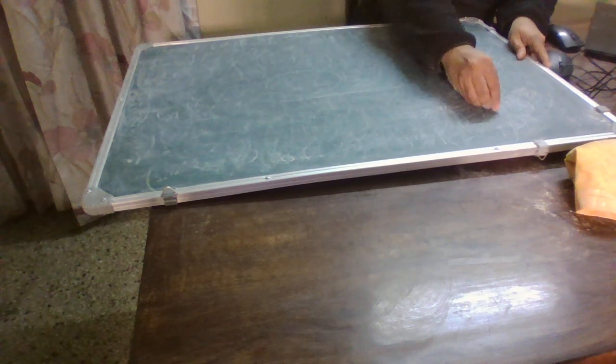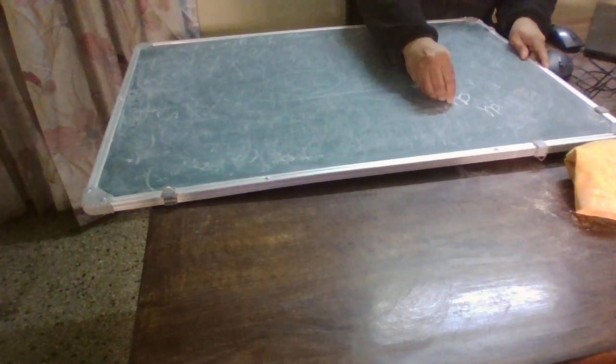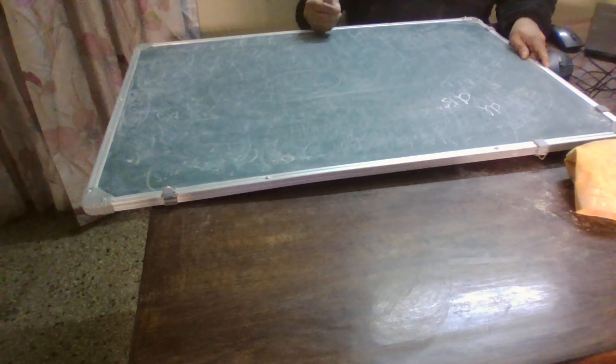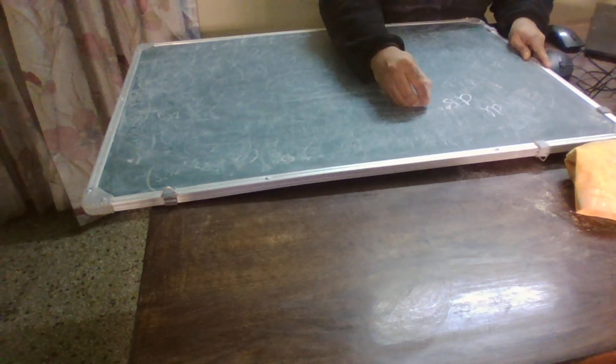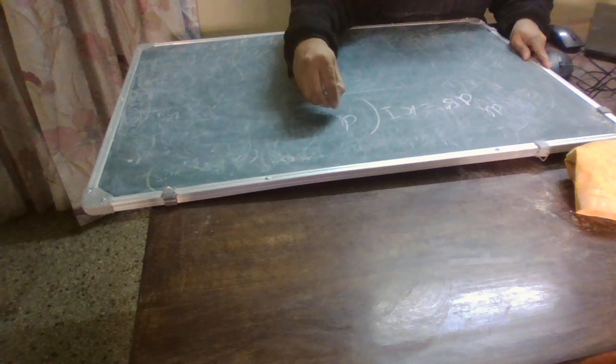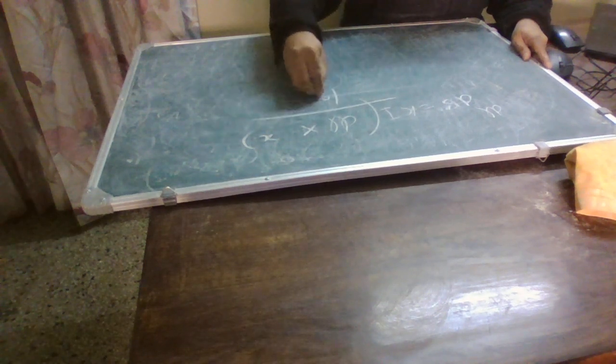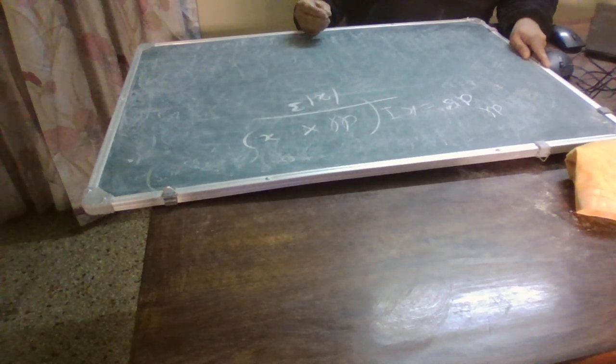It starts with dl, an element of length pointing in the direction of the current flow of a filamentary wire carrying a current I, and x is a coordinate vector from the element of length to an observation point P. Then the elemental flux density dB at point P is given by dB equals K I dl cross x divided by x cubed.